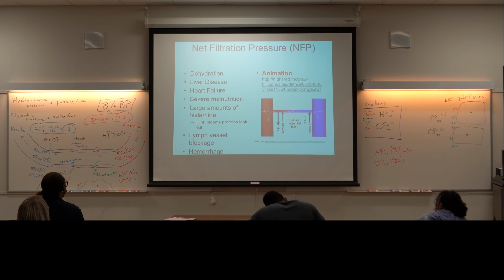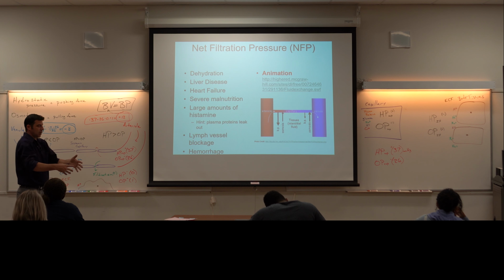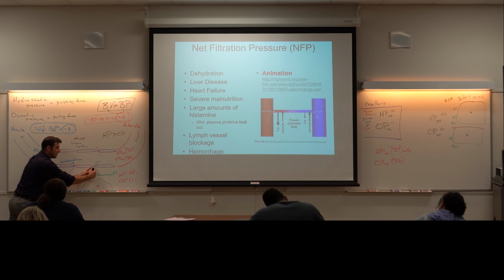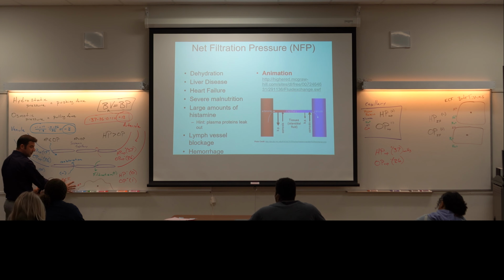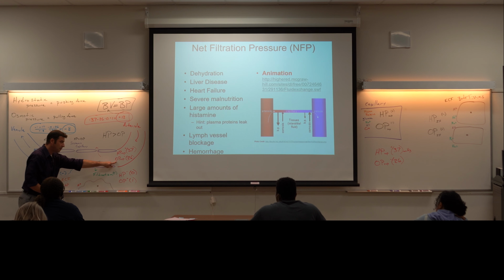The next one is large amounts of histamines. This is what happens when you go into anaphylactic shock. If your body goes into this body-wide vasodilation and your capillaries dilate to such an extreme point that the spaces in between cells become so large that plasma proteins can actually leak out into the surrounding extracellular fluid, that's kind of a double whammy because you lose this osmotic pressure of the capillary.